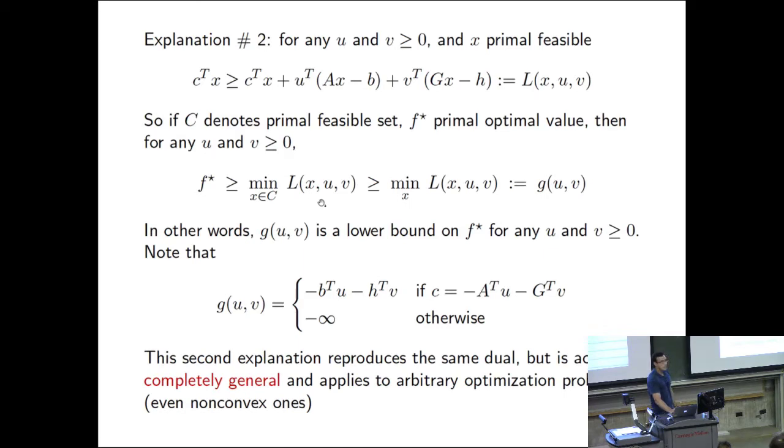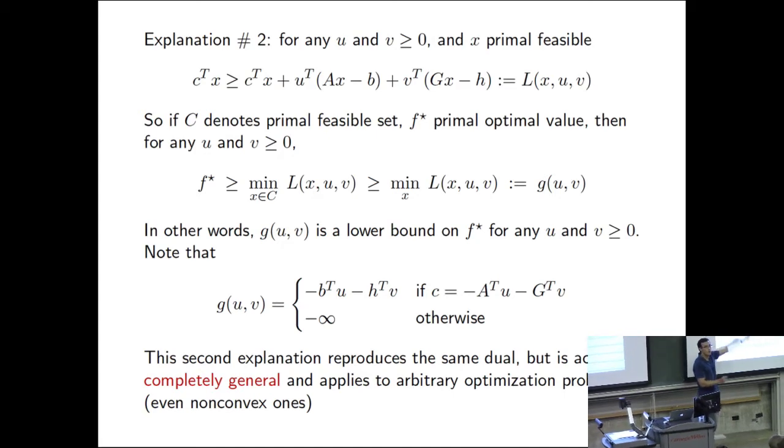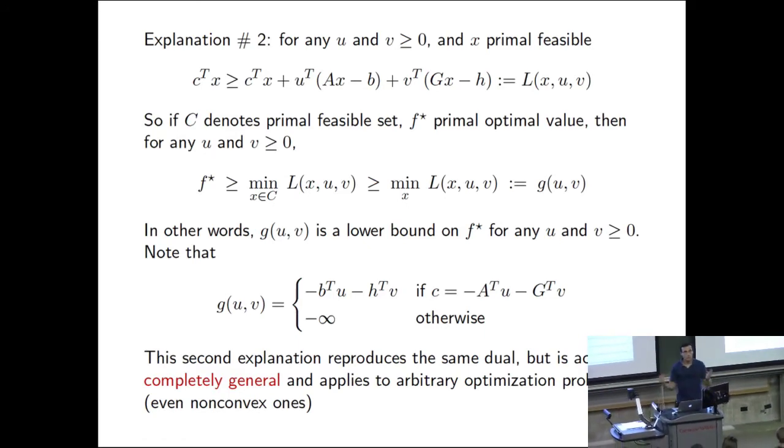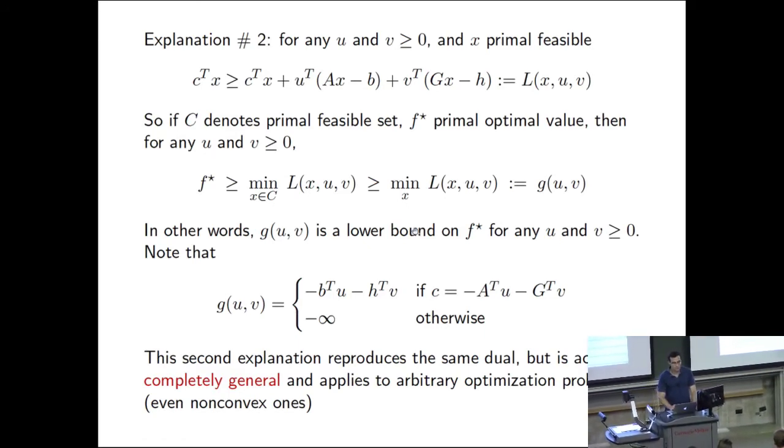And here's the key step in Lagrangian duality. This itself is bigger than or equal to the unconstrained minimization. Right? If I'm trying to minimize the Lagrangian with u and v fixed over x in some set, it's always lower bounded if I remove the constraints on x. Right?